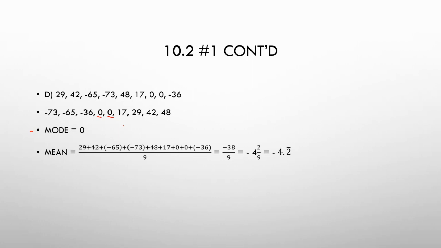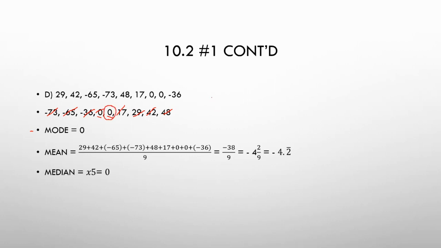So I have negative 38 divided by 9, which is negative 4 and 2/9, or negative 4.2 repeating. To get the median, this time there's an odd number of numbers, so my middle number is 0.